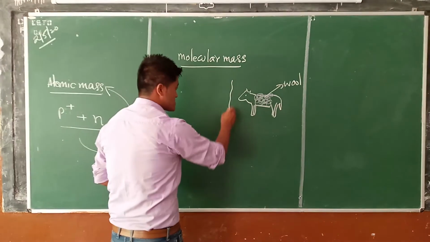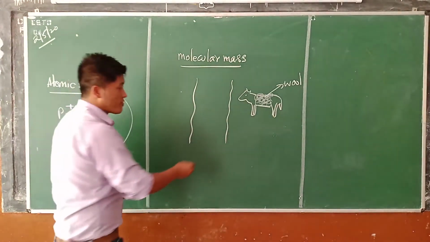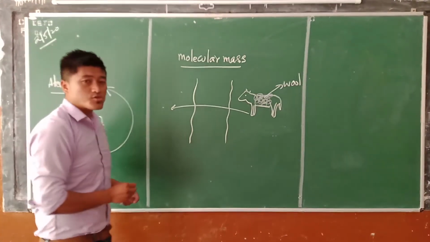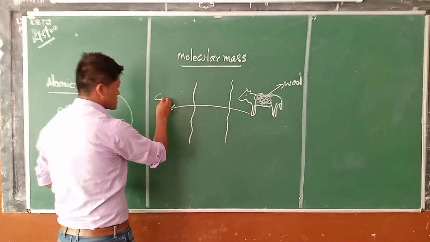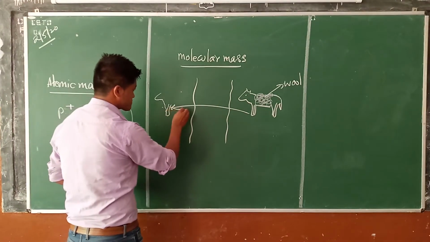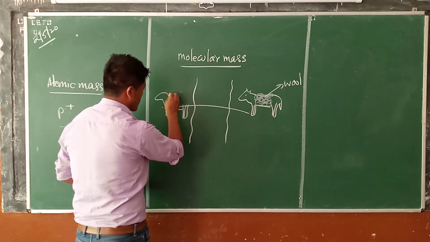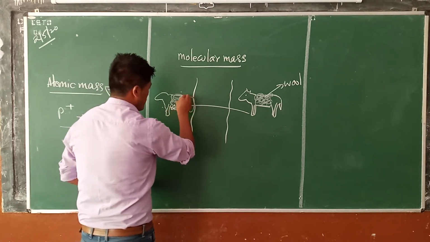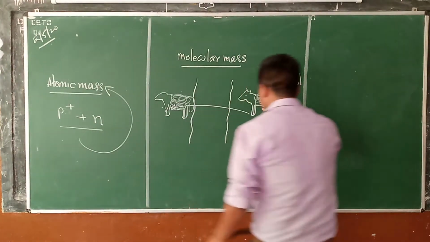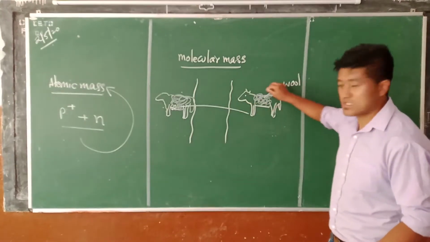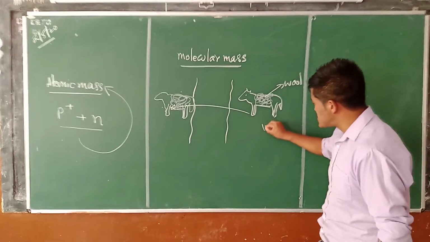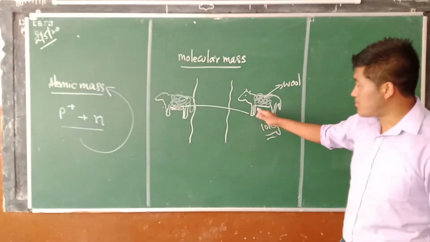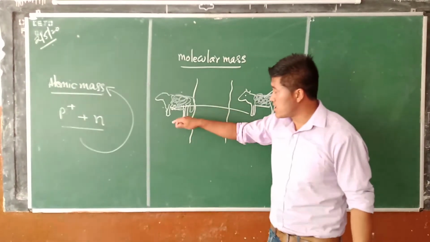Now, when he was crossing the water from this side to that side, on this side, let's say, the total mass of this donkey is 10 kg. Do you really think that the moment this donkey crosses this river, it is still 10 kg?